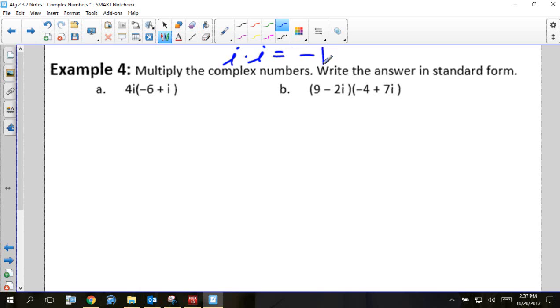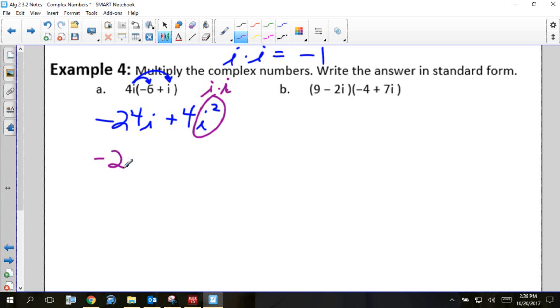So here, this is the distributive property. You're going to multiply 4i times negative 6, and you're going to get negative 24i. And you're going to multiply 4i times i, and you're going to get plus 4i squared. But what's i times i? That's negative 1.